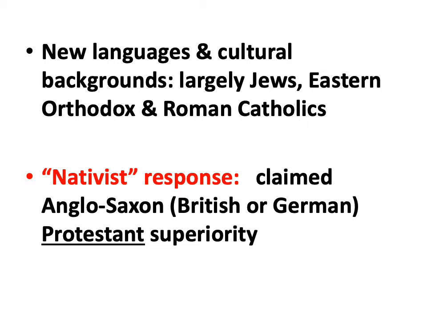Now, there was in the United States what's normally called a Nativist Response. These are the people, we're not talking about the Native Americans, the indigenous people here. What we're talking about are the earlier immigrants who came, who were either British or German, Anglo-Saxon, and Protestants. They claimed that they were superior to the new immigrants because the new immigrants were from Southern Europe, and they were not Protestant.